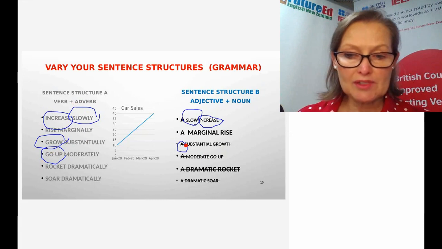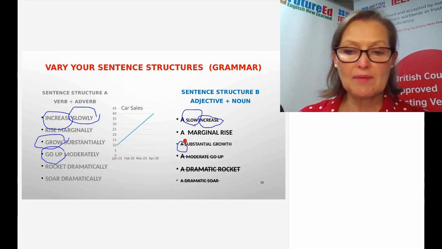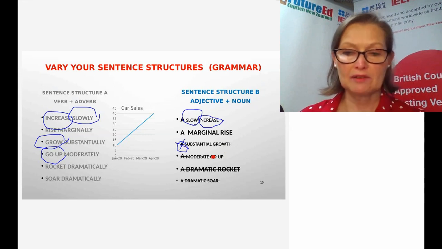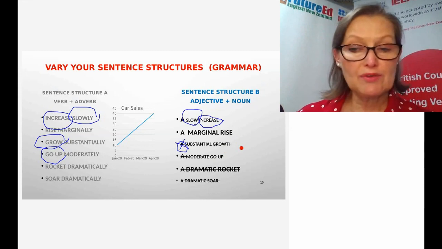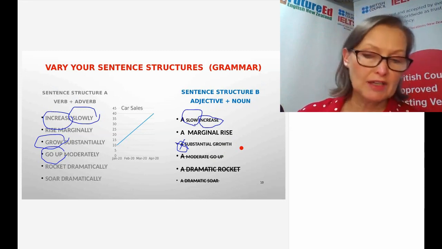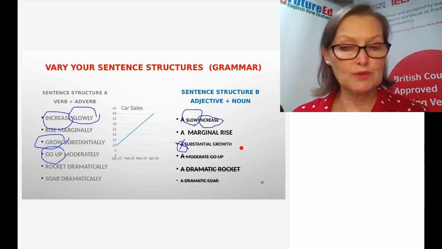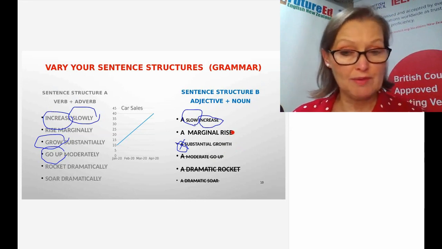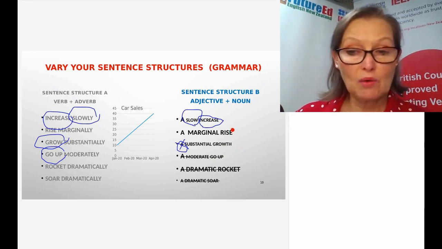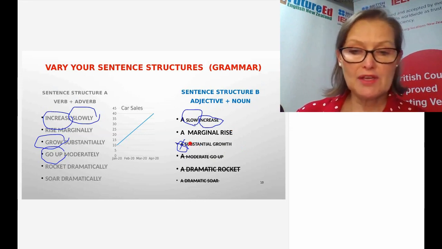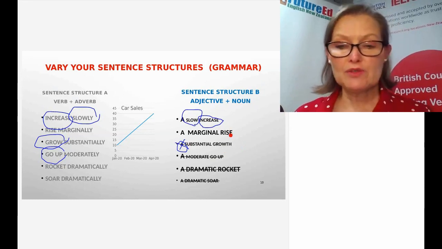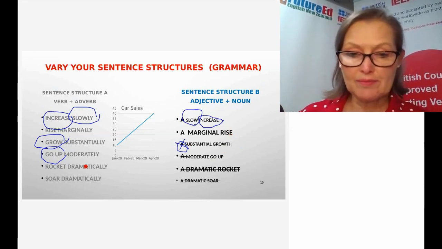Notice that that one is crossed out. So I don't use my article when I talk about growth, because once again, growth is kind of uncountable. I don't talk about one growth, two growths, three growths, but I can talk about one rise, two rises, three rises. So there's one to note, never use a substantial growth.